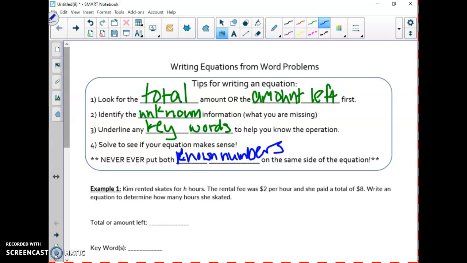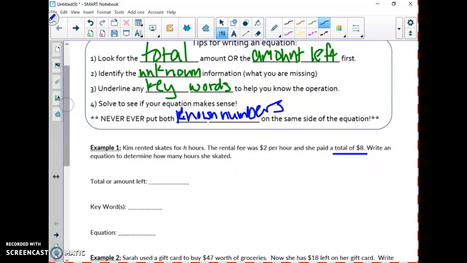Very good. We have the total because it says, and she paid a total of $8. So when I'm looking down here in this first little step, it says total or amount left. I'm going to put 8 on that spot because I know that I have a total of $8, and I'm going to circle total. That way I know what I'm doing, okay?